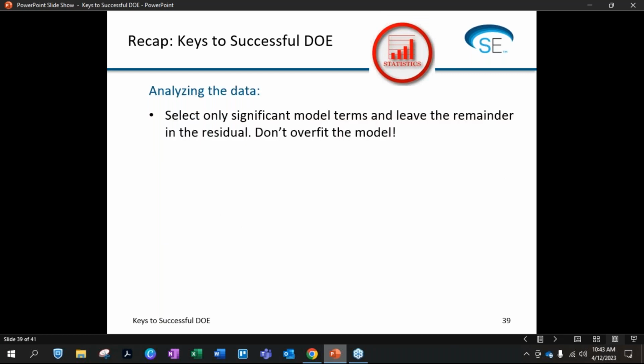Then on the analysis side, when you're analyzing the data, first select only significant model terms and those needed for hierarchy. Leave everything else in the residual. The key here is don't overfit the model. Then check your residual diagnostics and the Box-Cox plot for any anomalies.